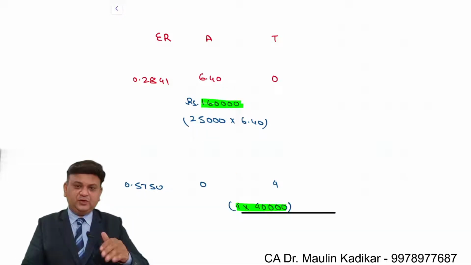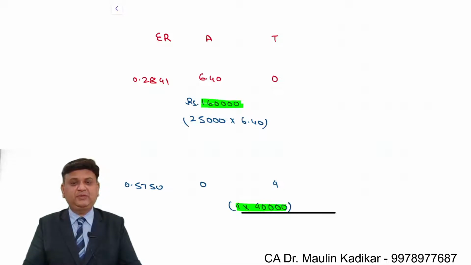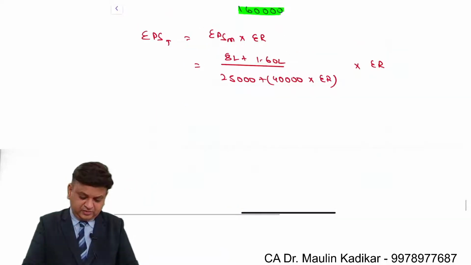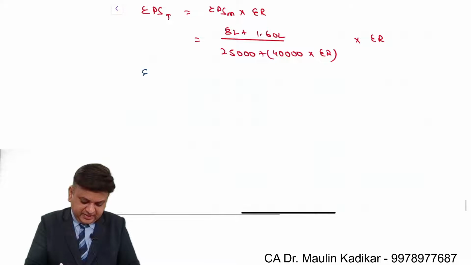If we have been asked the question what is the maximum affordable exchange ratio to A Limited, then again we cannot apply the shortcut formula. We have to go with the long formula like this. EPS attributable to A is EPS of the merged firm itself.